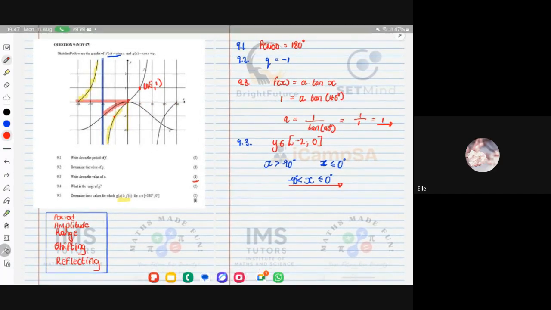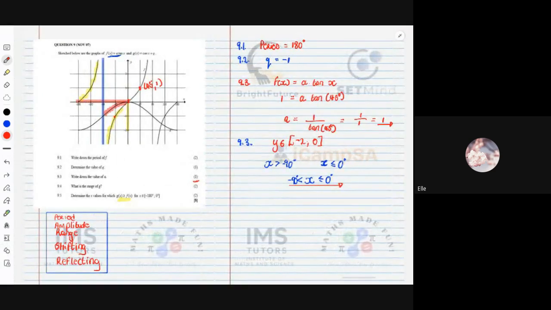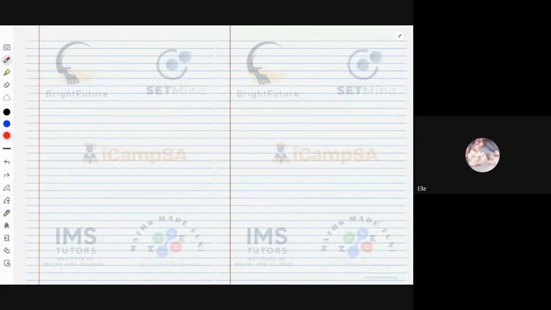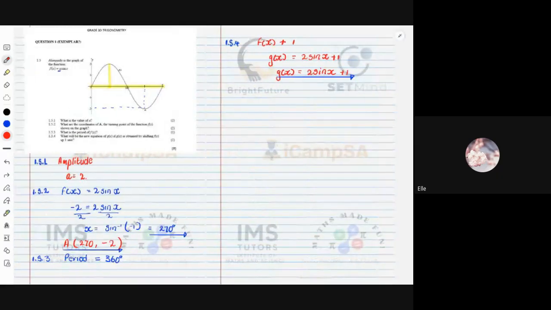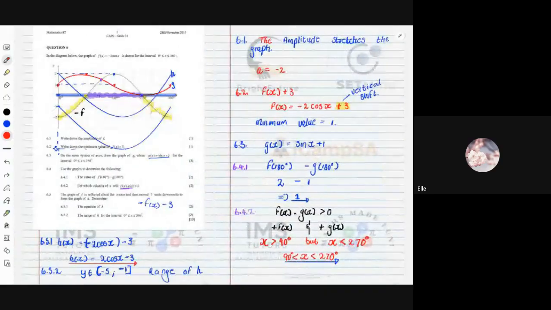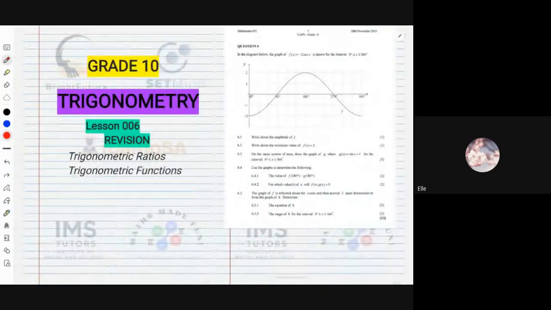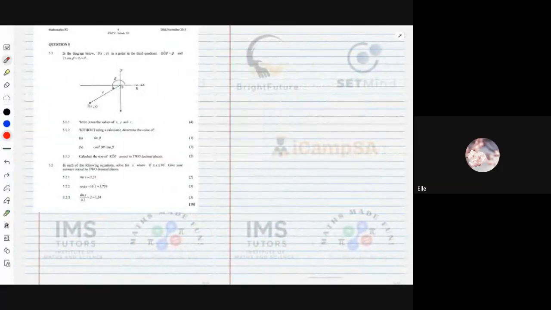Okay, guys, I think this marks the end of the functions. If there are any questions, please speak now before we essentially move on to the trigonometric ratios and the expression. Okay, this one is long, I think.